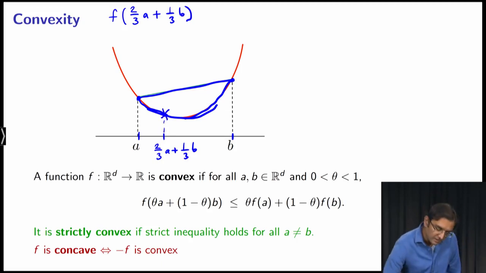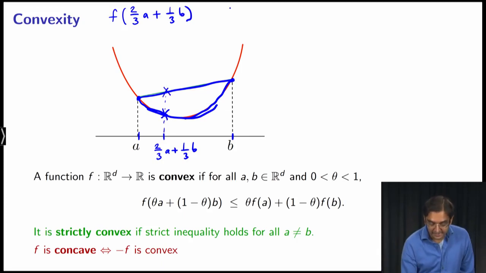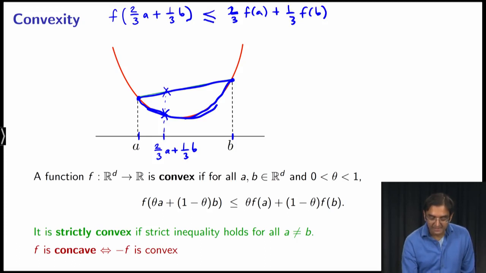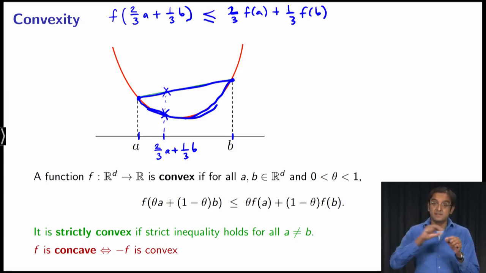And the value of the line at that point, this value over here, is 2/3 f of A plus 1/3 f of B. Now from the picture we can see that the left-hand side is less than the right-hand side. The curve lies under the line, and we need this to be true not just for 2/3 and 1/3, but for every point between A and B.